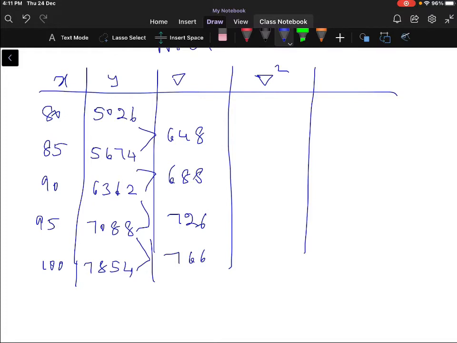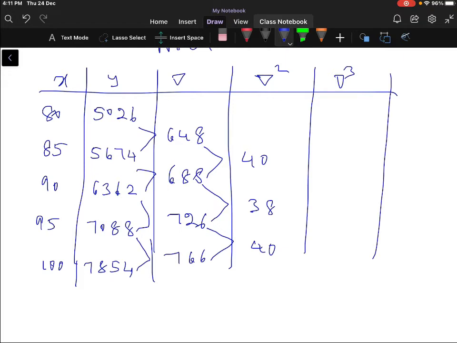Now the second backward differences, nabla square: 688 minus 648 is 40. 726 minus 688 is 38. 766 minus 726 is 40. Nabla cube, the third backward differences: 38 minus 40 is minus 2. 40 minus 38 is plus 2. So nabla 4 is 2 minus minus 2, that is 4.